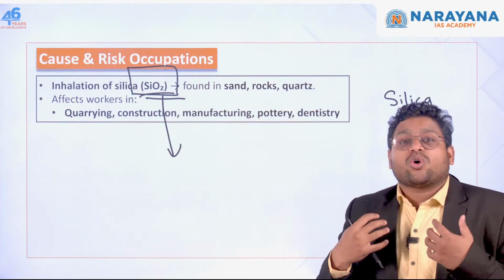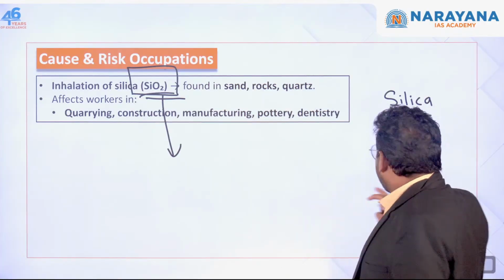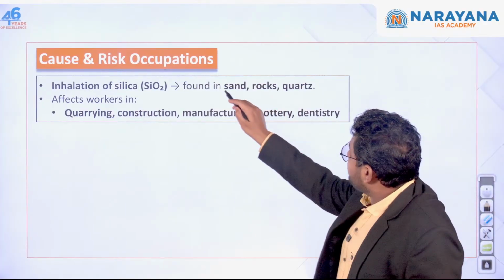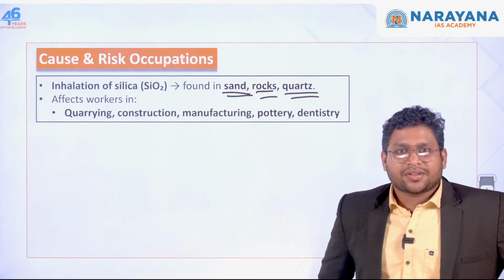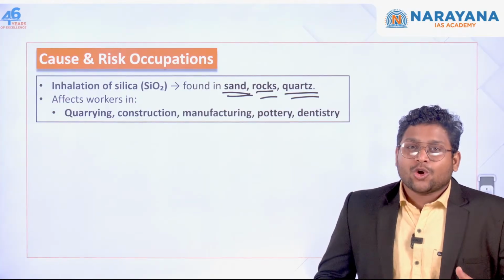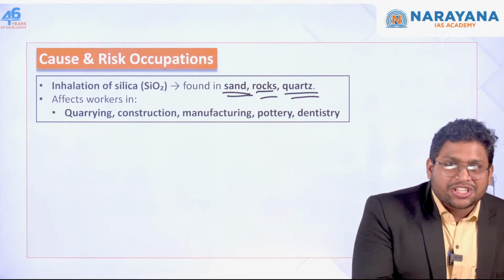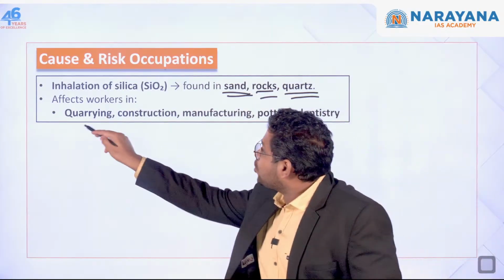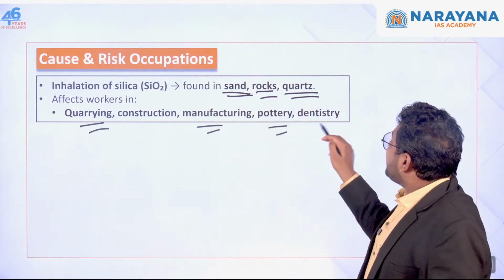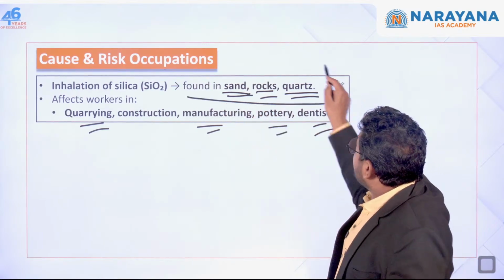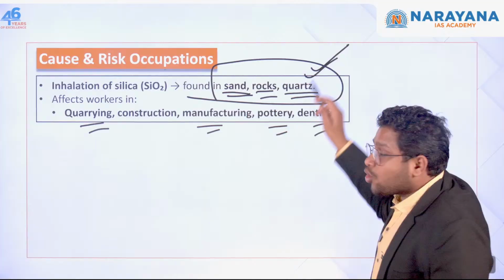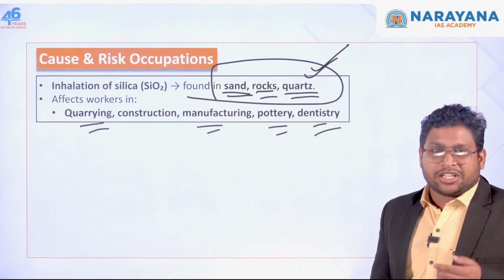They will start solidifying. Now, where do we find this SiO2? We find it in sand, rocks, quartz, etc. That's the reason people who are working in the construction industry, or in quarrying, manufacturing, pottery, dentistry, mining, etc., are usually exposed to sand, rock, quartz, all these materials.